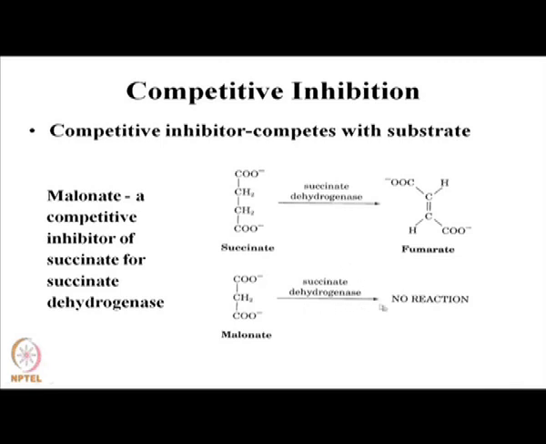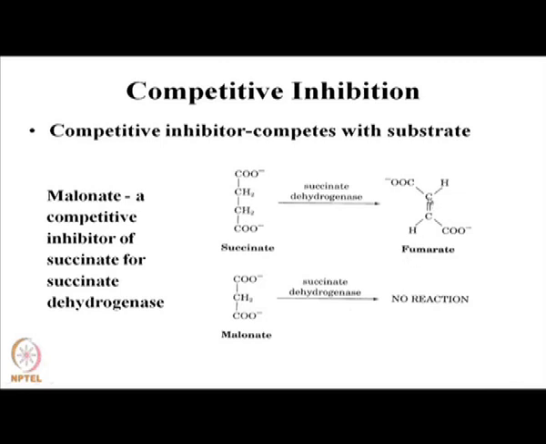Malonate is a competitive inhibitor of succinate for succinate dehydrogenase, like the scheme shown over here. Succinate, in the presence of succinate dehydrogenase, produces fumarate, but here no reaction occurs, though they have some structural resemblance. This is a diacid, and that is also a diacid, although malonate has only one CH2 spacer whereas succinate has two.